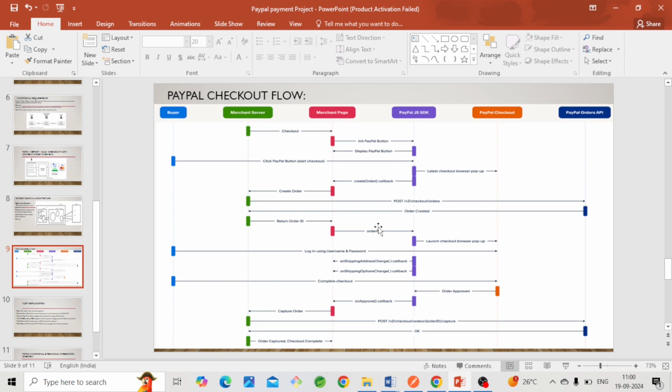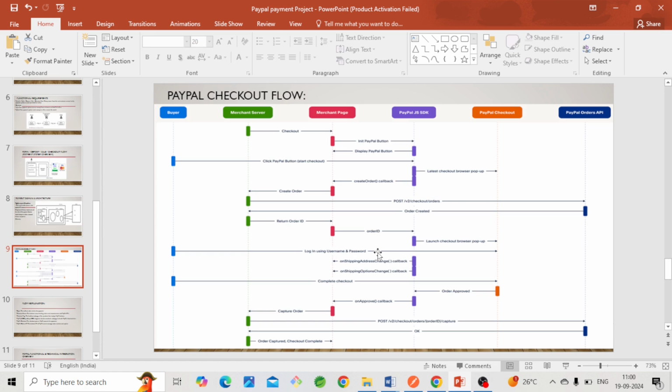After getting the order ID, the PayPal checkout process begins in a pop-up window. The buyer is asked to log in to PayPal and confirm the payment.